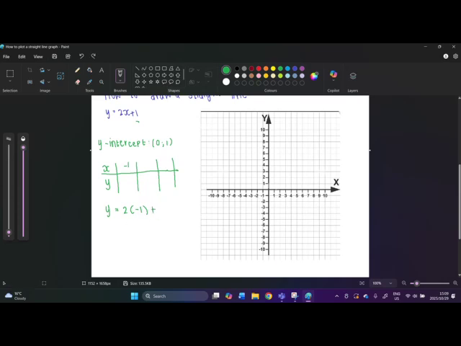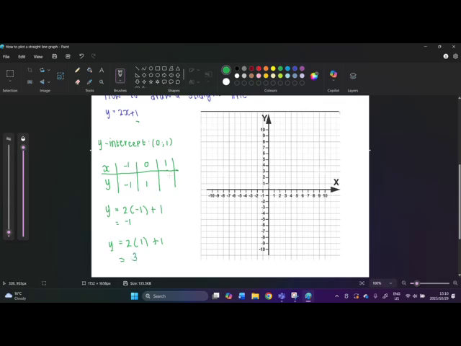So will you solve for y for me? 2 times -1 is -2, plus 1, so y is -1. Okay, so that goes there. And at 0, y is 1, the y-intercept we've written down. And when x is 1, y is 3.